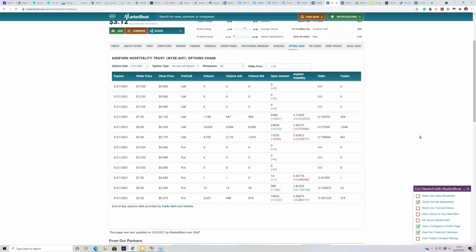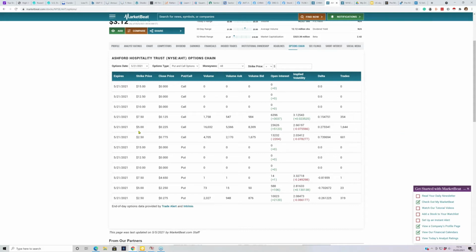What really interested me about this one, in terms of potential targets, is what other traders are thinking about this stock. You have to remember Ashford is in the hospitality business and was absolutely slaughtered last year. All the hospitality and leisure sectors have had a really rough time with the pandemic, but with things opening up again, traders and investors are seeing that it's time for things to get better.